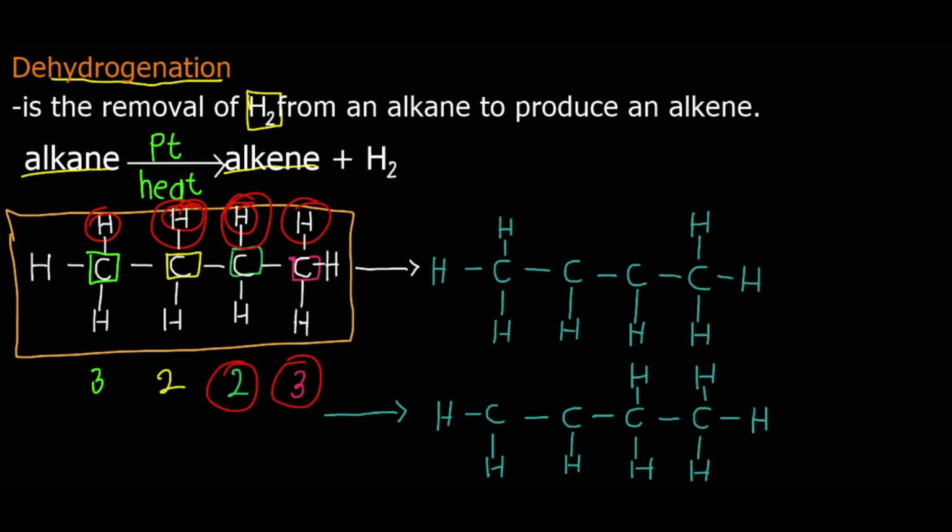So we want the carbons that have fewer hydrogens. This means we remove this one and this one, because 2 plus 2 is 4, and this one 3 plus 2 is 5. So we want the carbons that have fewer hydrogens.